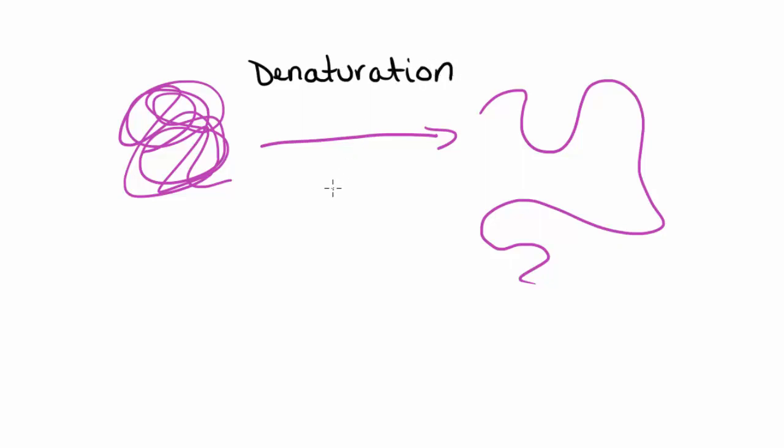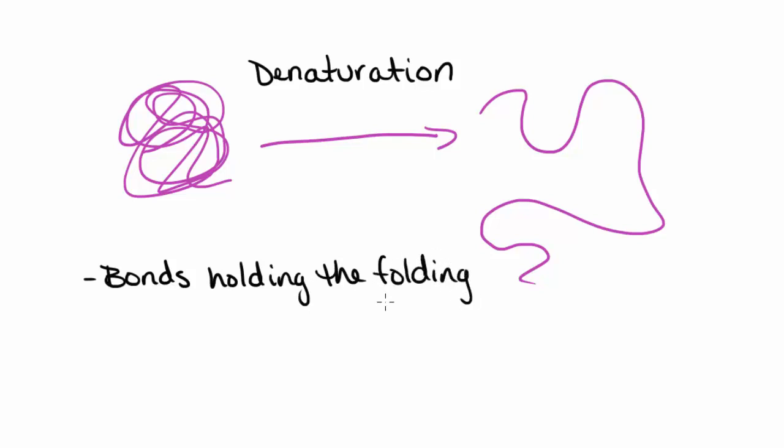Denaturing is what we would call the protein unfolding. Now, denaturing really means that the bonds holding it together, and holding the folding is what we're talking about. So the bonds holding the folding together are disrupted. And by disrupted, they are broken, they are no longer formed.